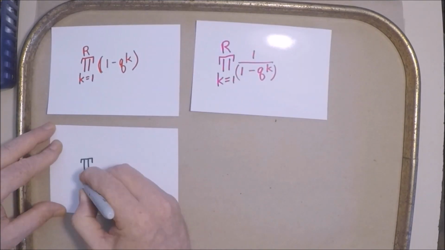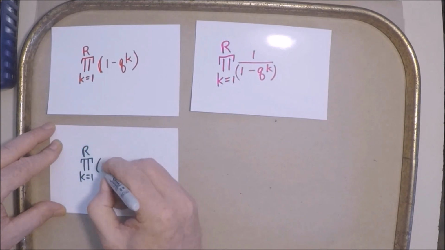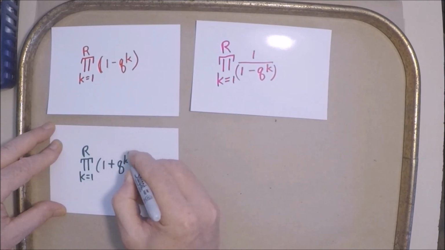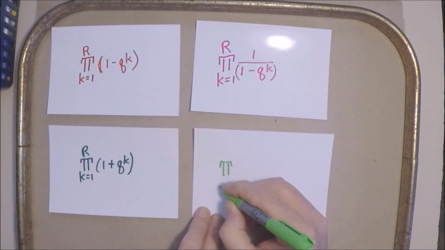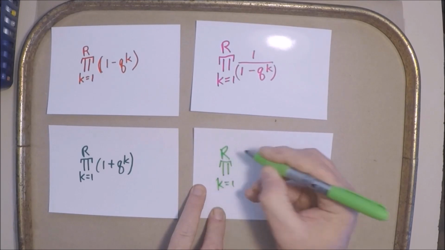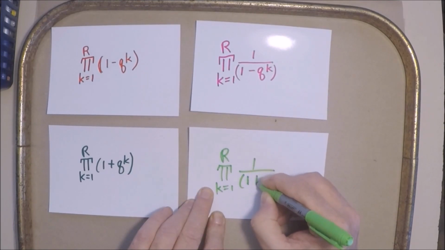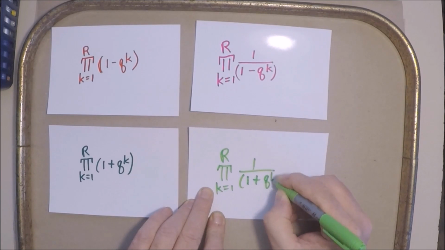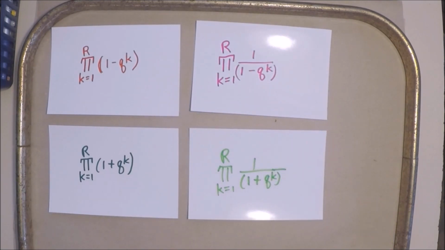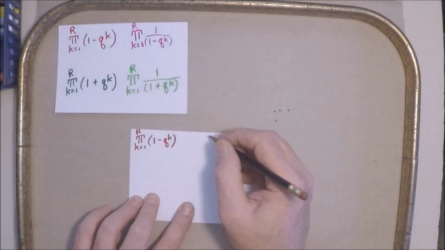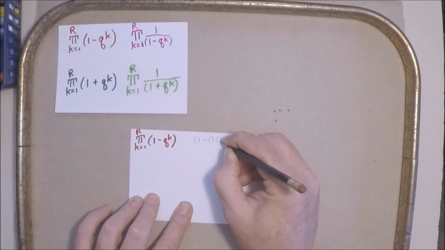Likewise, we might next add the product k equals 1 to r of 1 plus q to the k, and the product k equals 1 to r of the inverse, 1 over 1 plus q to the k. Those are good starters.